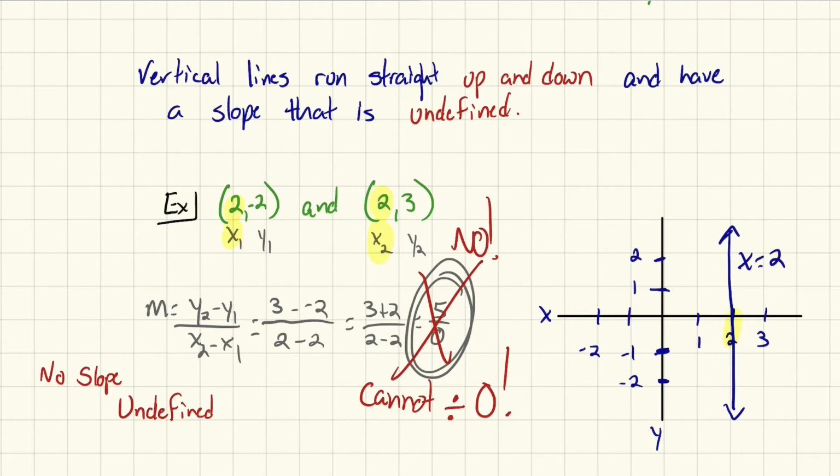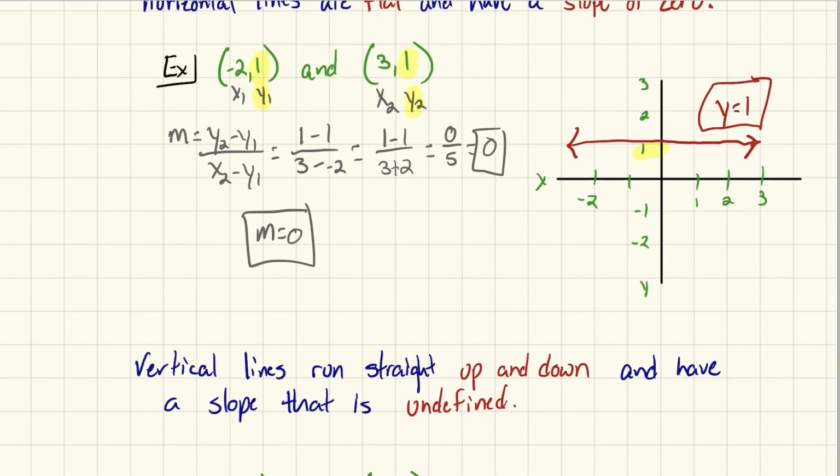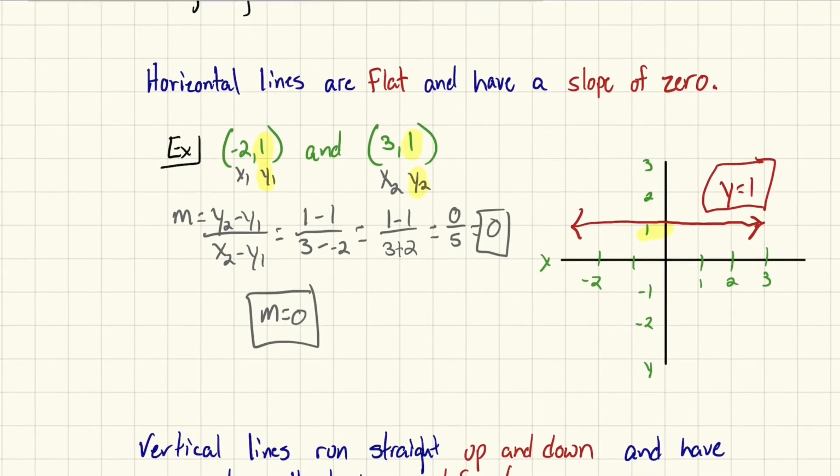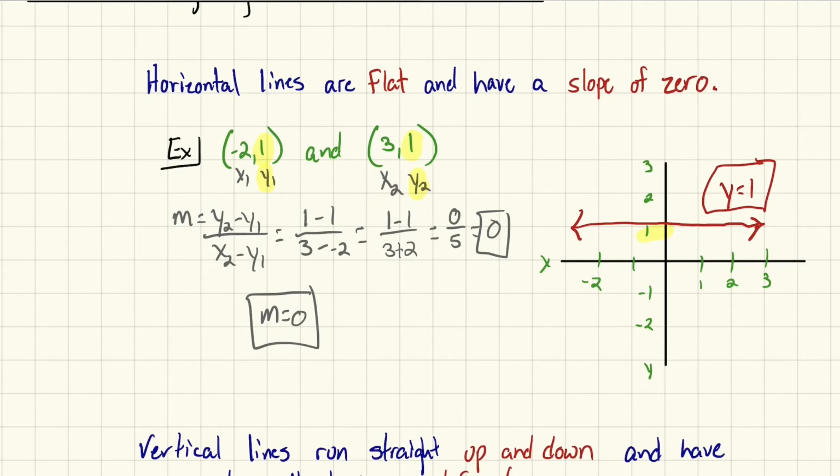Now, let's go back and forth to show some commonalities and similarities between the two. In horizontal lines, we had matching numbers on the y-axis at 1. Our equation was y equals 1. Our line crossed horizontally through y equals 1.